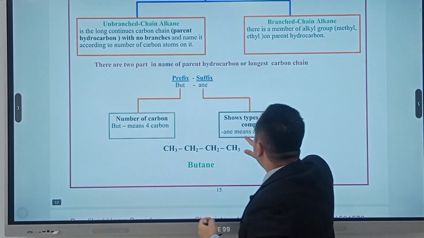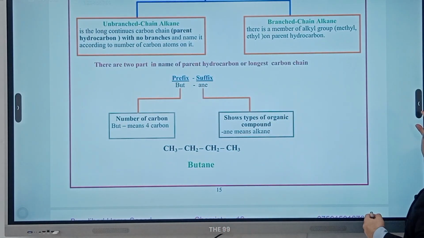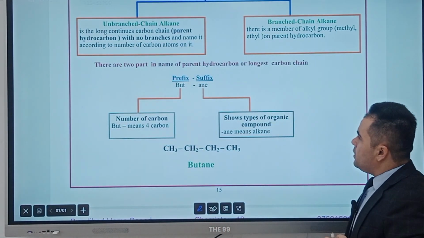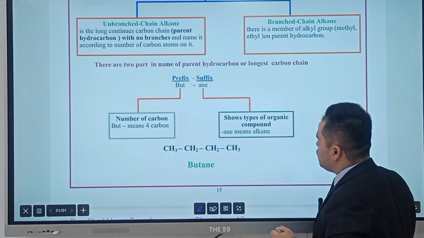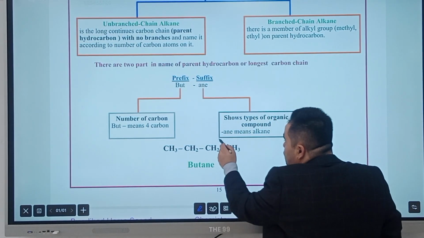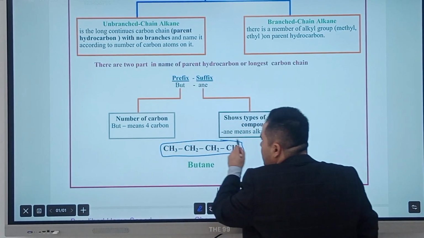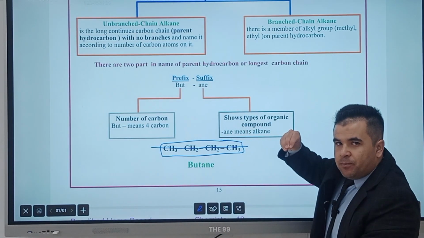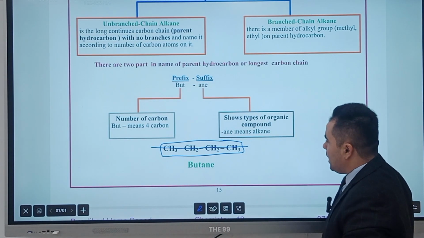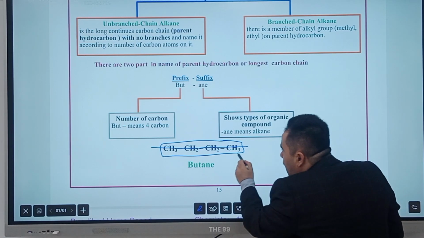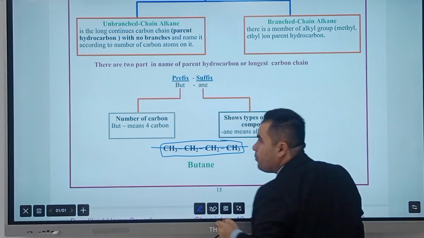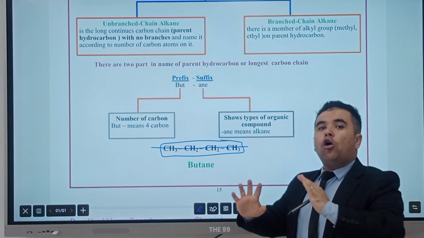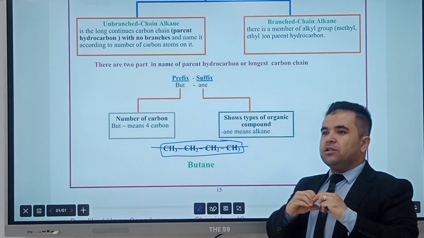Let us talk about how to name the straight chain, guys. For a straight chain, as you can see here, we do not have branches. When you draw a line, there are no sub-branches from that line. So how many carbons do we have? 1, 2, 3, 4. All the bonds are single and it's in chain form.